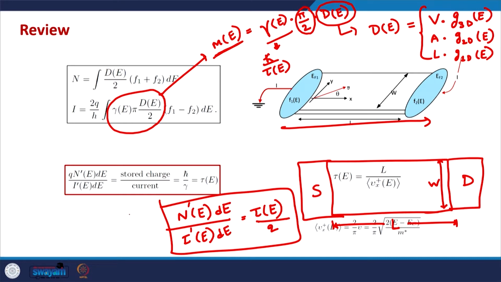Please also keep in mind that this was true in the case of a thought experiment that we did, and in our thought experiment we applied a large voltage across the device. So across the device, near equilibrium conditions are not true, but in the contacts the near equilibrium conditions are still true, because the contacts are bulk, large contacts, and a lot of electrons are available there.